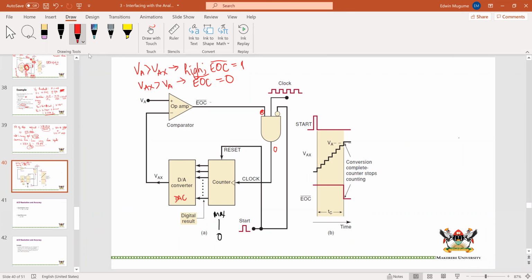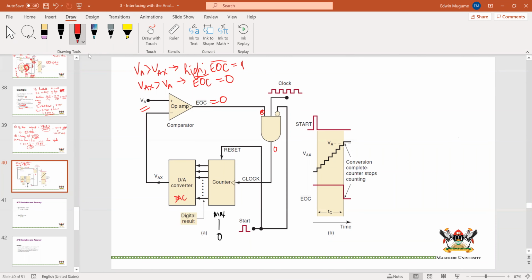So when EOC becomes 0, the whole system understands that the conversion is over, because this is the end of conversion signal. The counter state at that point is taken to be the digital equivalent of the input analog signal VA.